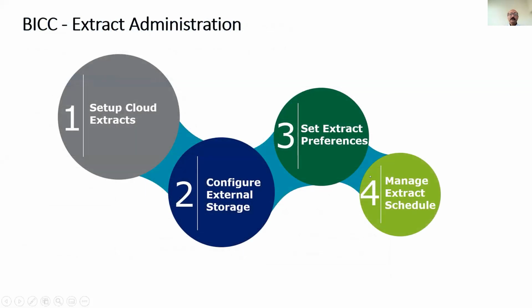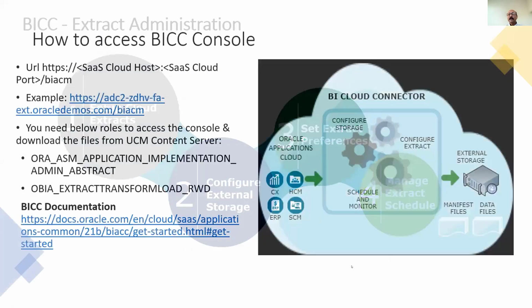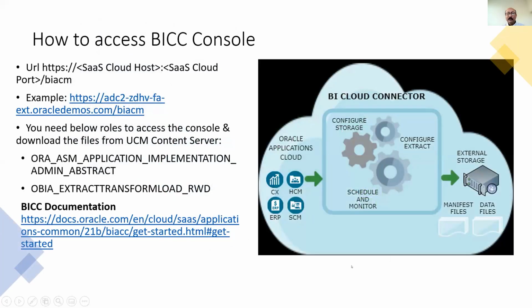So how is BICC used? You set up the extractions, you decide where to bring it, and then you schedule it for full and incremental loads. And you can extract as much as hourly and load it into the data warehouse. So FAW by default allows daily incremental loads.